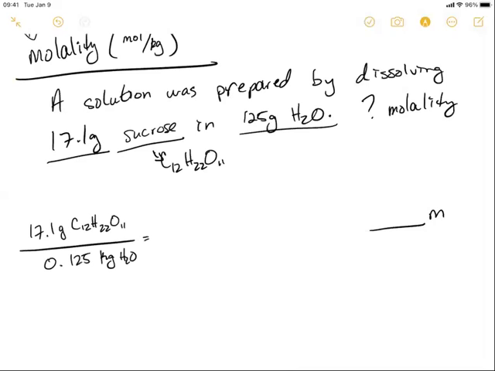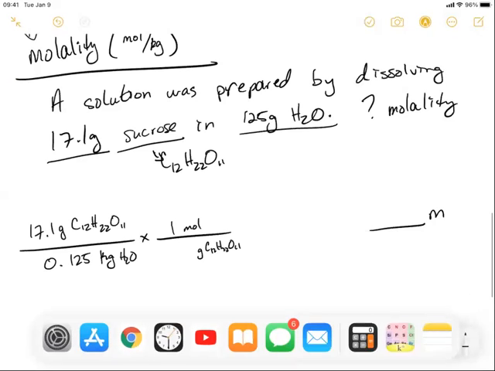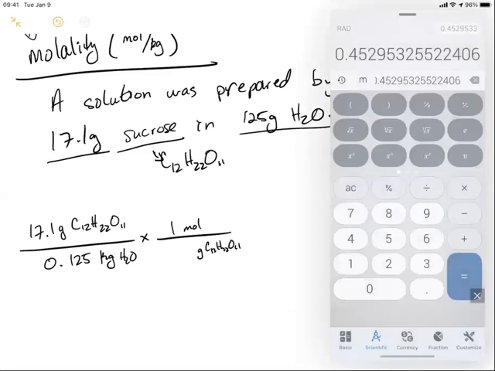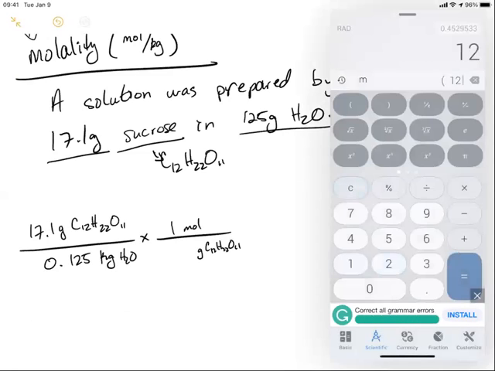And I'm going to multiply, changing that to moles. 1 mole per grams C12H22O11. Okay. Now, I am just going to calculate the molar mass of sucrose. So I've got carbon, which is mass of 12, and there are 12 of them in the formula.